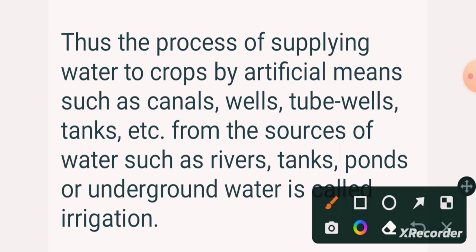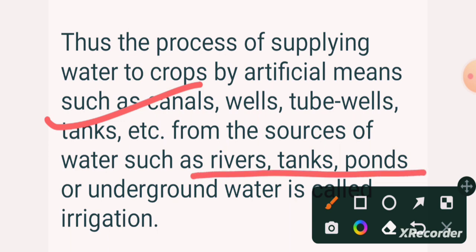Basically, this is the medium of the water, meaning through this medium the water can pass from one place to another place, and this is the source of water, meaning the water comes from this source and can move to the area where the amount of water is less.